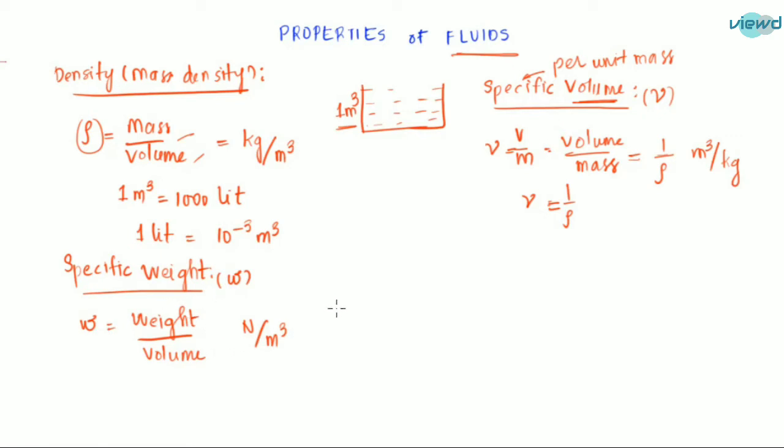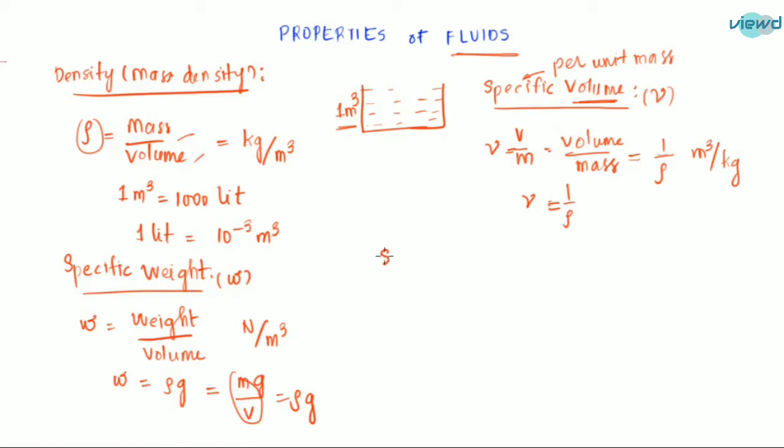Specific weight is Newton per meter cube. Specific weight can also be written as density into acceleration due to gravity. This is because weight is mg and volume is v. So mass by volume gives us density into acceleration due to gravity.